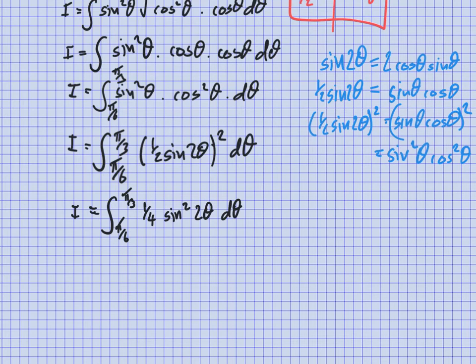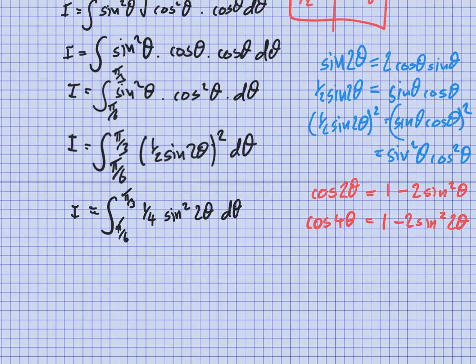Again, we can't directly integrate sine squared, so we're going to use the cos 2 theta substitution this time. Cos 2 theta is equal to 1 minus 2 sine squared theta. Going ahead and changing that, I'm going to get cos 4 theta is equal to 1 minus 2 sine squared 2 theta. That's now looking a bit like the thing that I've got, sine squared 2 theta.